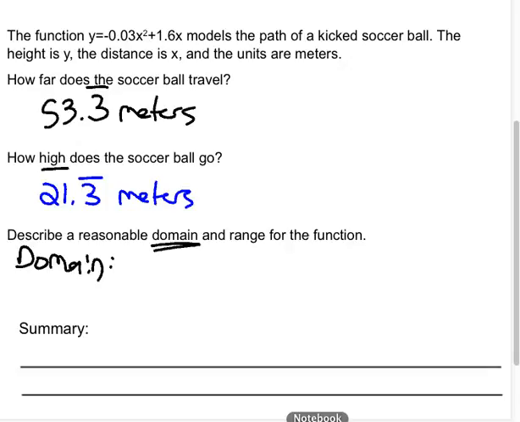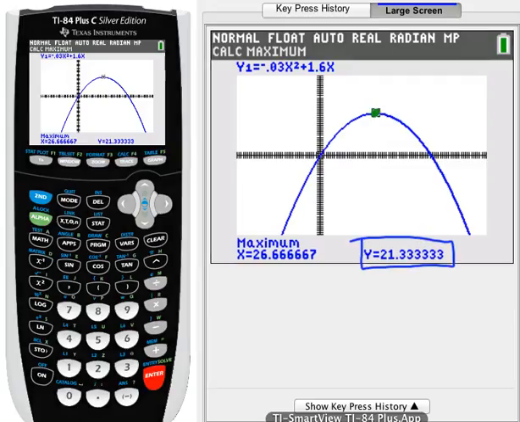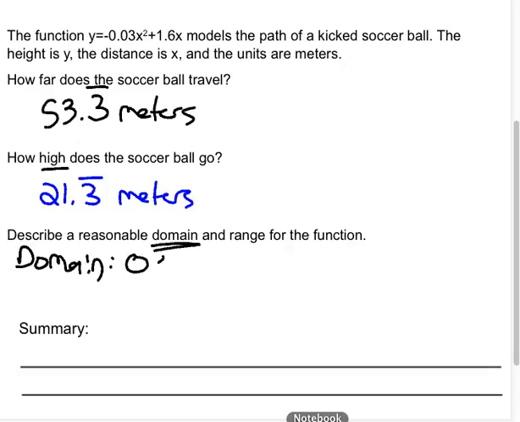So for the domain, the x values that are being used, does it make sense to you that only x values from 0 up to that 53.3 that we found are being used? Because in the real world, that's when the soccer ball hit the ground again. It's not going to keep going. It doesn't make sense to keep tracking beyond that. So my domain would be that.